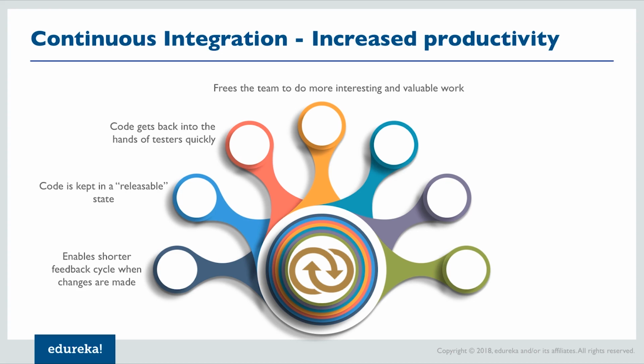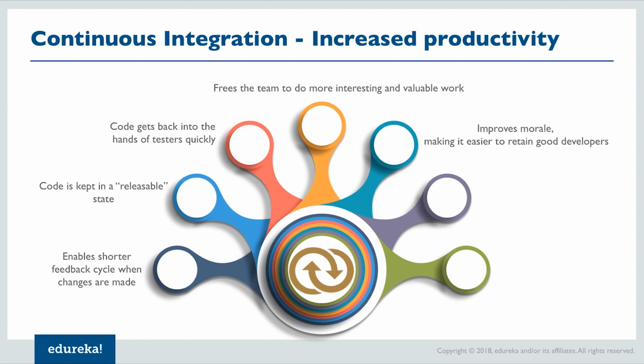That results in people getting more interesting and valuable work. They don't have to sit in front of the system and run manual tests. If you are doing manual testing, it becomes a very boring, mundane task after a certain point in time. So you get rid of that. You get more meaningful work to do as a QA or as a deployment engineer.